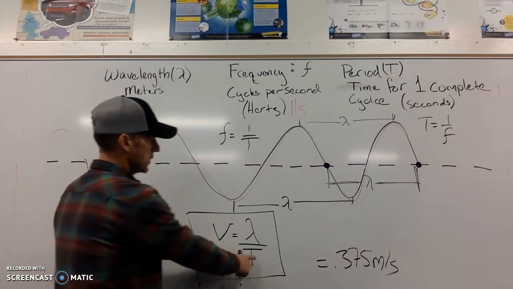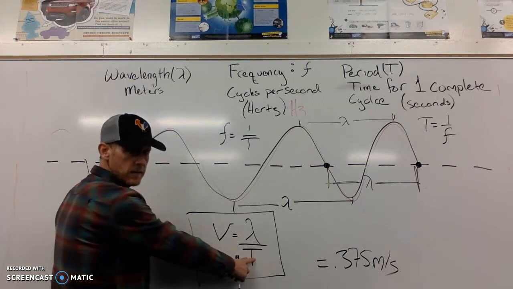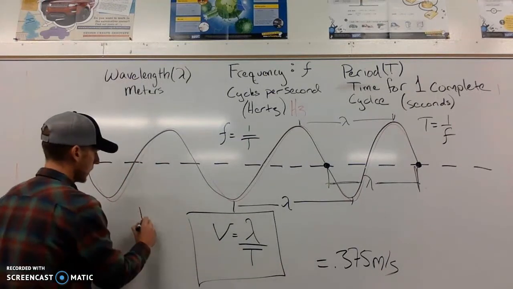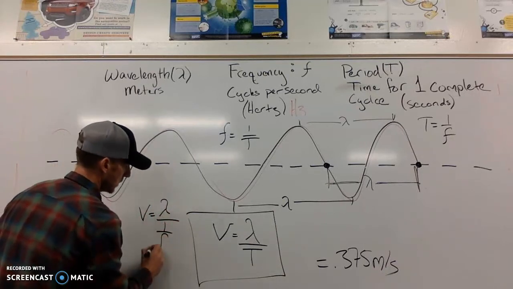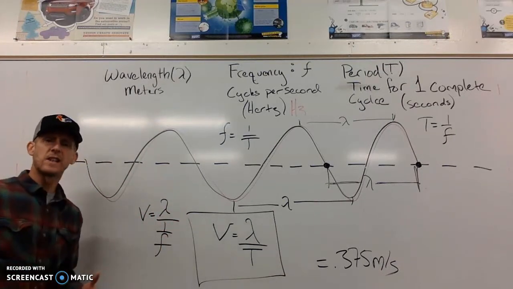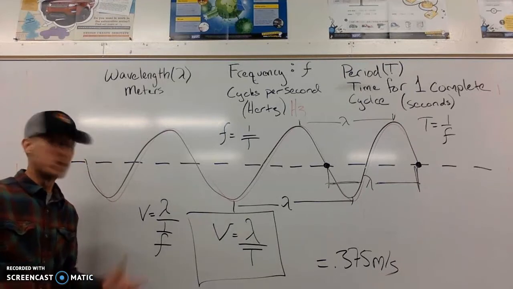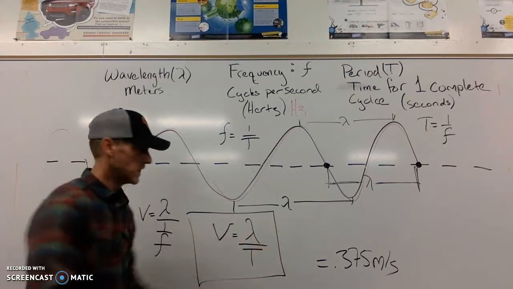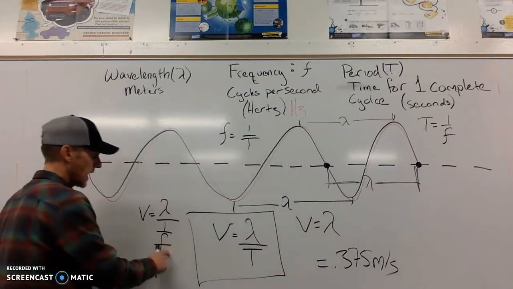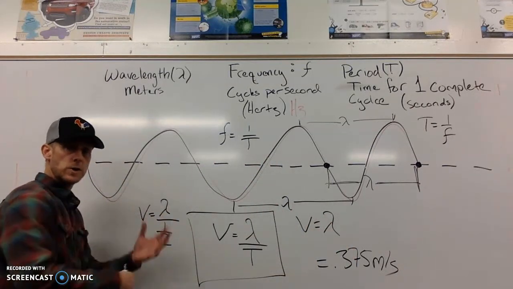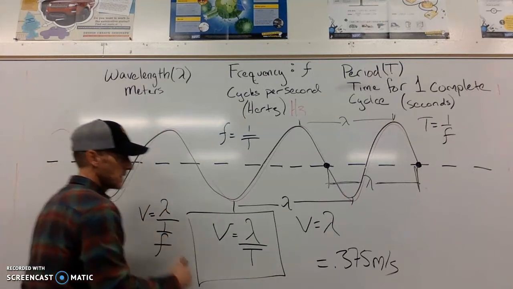So if I substitute in for T, for period, and write it this way, now you see where we're going to get that second expression, which is actually equivalent. I'm going to write it back over here, right? v is lambda. I've got a fraction in the denominator, so we do the reciprocal. So it's going to be lambda times f, v = λf.